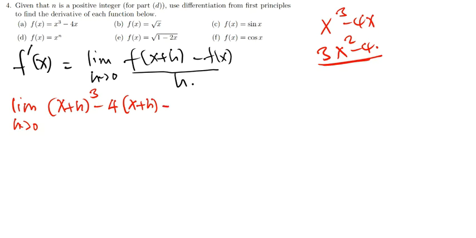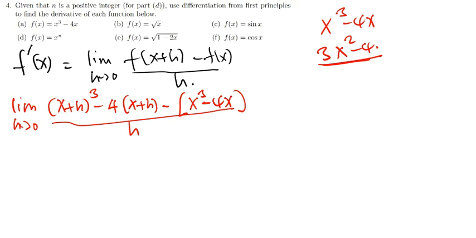Then minus, this minus is now the original function, so I have to put a big bracket because this negative is going to affect everything there. Just a minute. I'm supposed to get x to the power 3 minus 4x, that's the original one. Then I divide this by h.